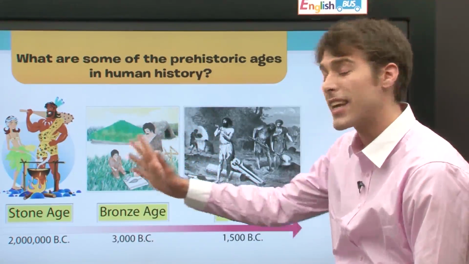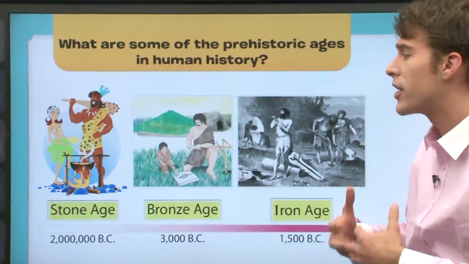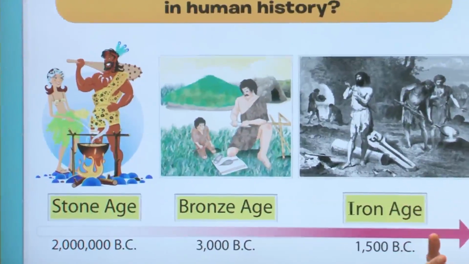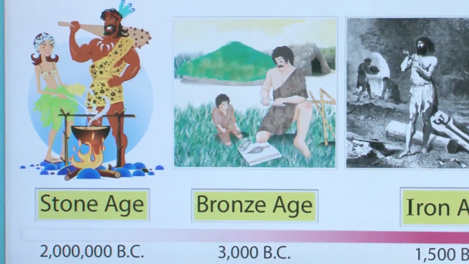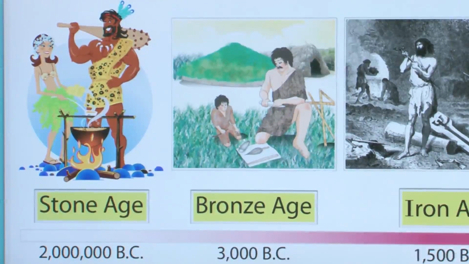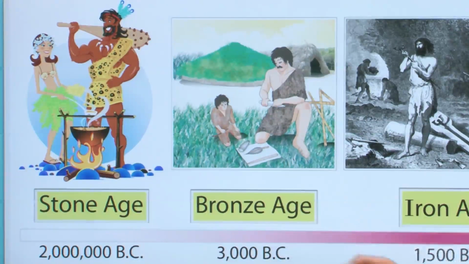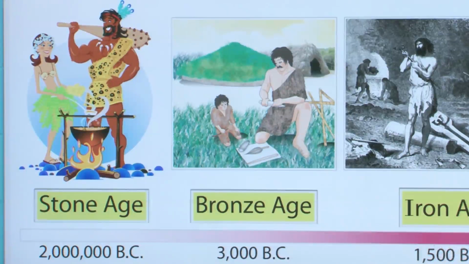All the way in the beginning, we had the Stone Age, when people first started to come out and use tools. It began roughly 2 million BC. Then after many, many years passed, we arrived to the Bronze Age at 3000 BC. People began to use bronze tools and weapons as well.